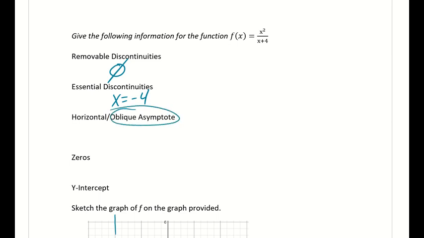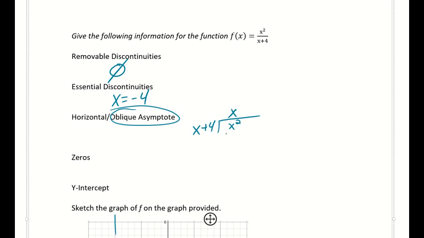For our oblique asymptote, we do some long division to find out what our asymptote's going to be, and we care about the quotient. So x squared divided by x is just x. We have to do another step before we figure out that we don't care about the remainder.